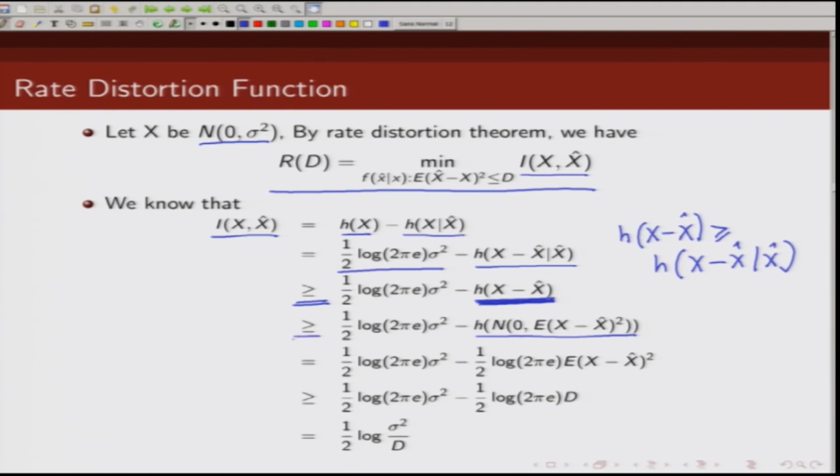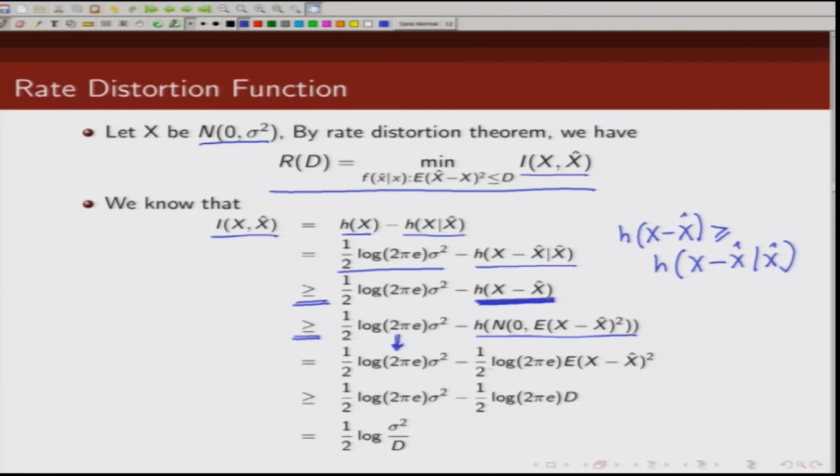So, this greater than or equal to comes because the differential entropy h of X minus X hat is upper bounded by the differential entropy of a Gaussian random variable with the same second order moment. Now, this is the same as this, and we know what is the differential entropy of a Gaussian source.